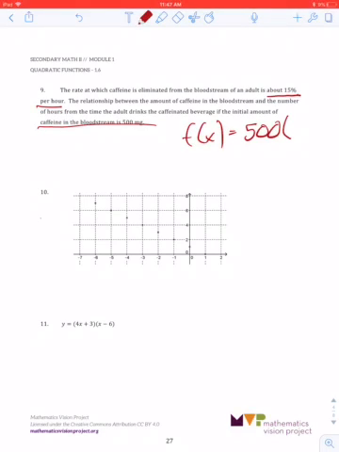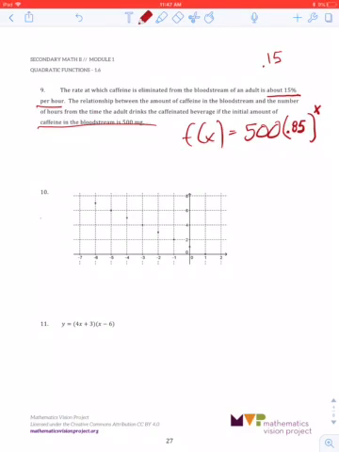Now the multiplier here, and I might pause the video, the multiplier here is not 15%. It's going down 15% at a time. So the multiplier is 0.85 to the x. So if I lose 15% caffeine an hour, I get to keep 85%, and that's where the 0.85 comes from.